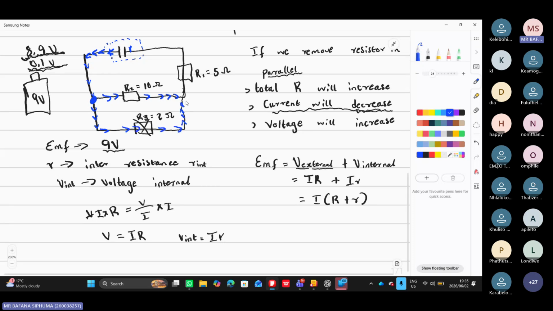At the end of the day, they come back together, and then the current moves like that. So now, the entire current is going to move through without splitting.